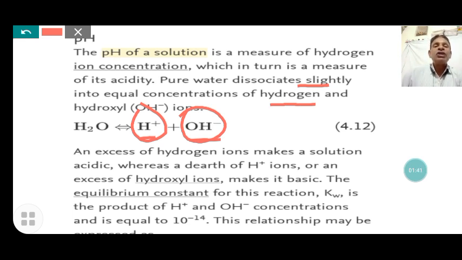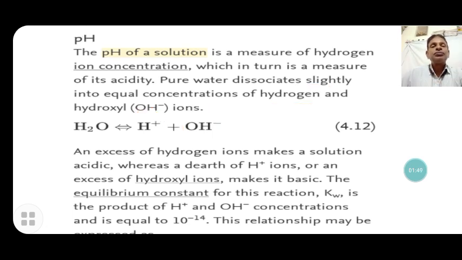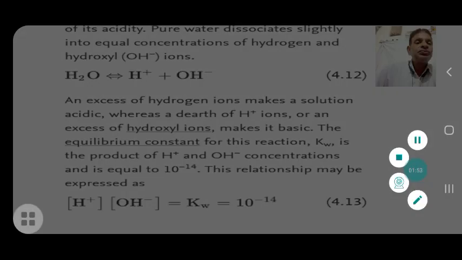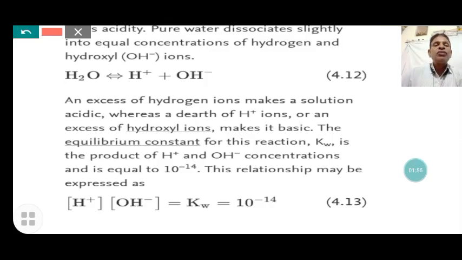If the hydrogen ion concentration and hydroxyl ion concentration are equal, then it will be a neutral solution. An excess of hydrogen ions makes a solution acidic, whereas a loss of hydrogen ions, or an excess of hydroxyl ions, that is hydroxide ions, makes it basic.